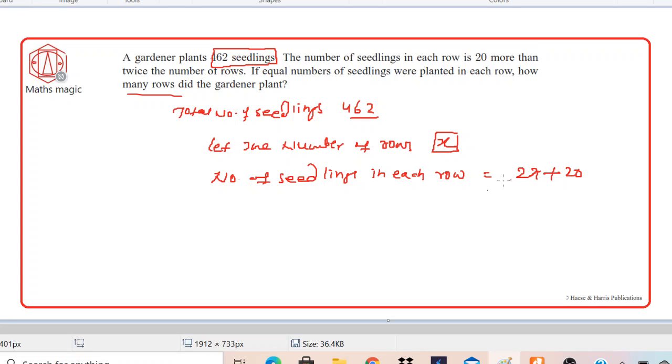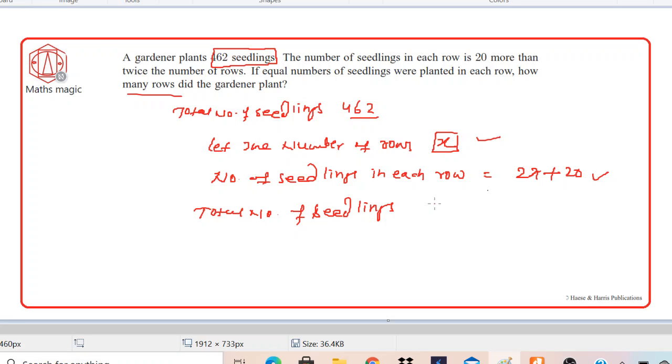Now we can find the total number of seedlings using these two pieces of information, the number of rows and the number of seedlings in each row. Using these we can construct an expression which will give us the total number of seedlings.